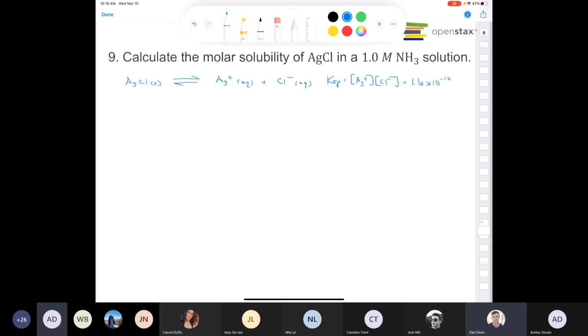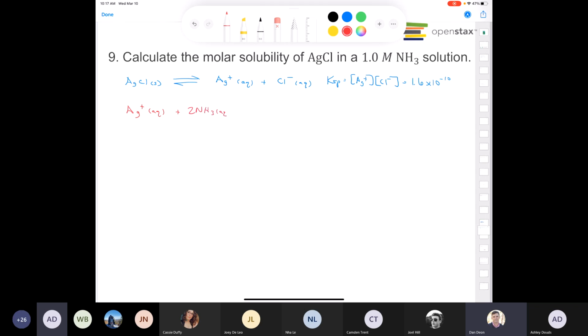All right. Well, what about silver ions? Because we know that a silver ion is a Lewis acid, and we know that an ammonia molecule is a Lewis base. Well, what if I had silver ions, and they reacted with ammonia?